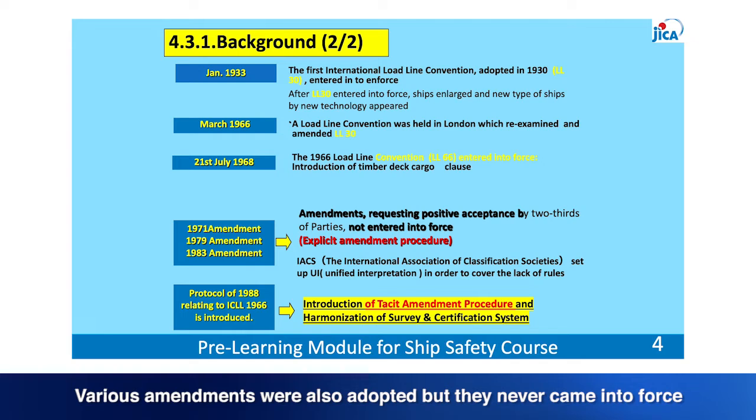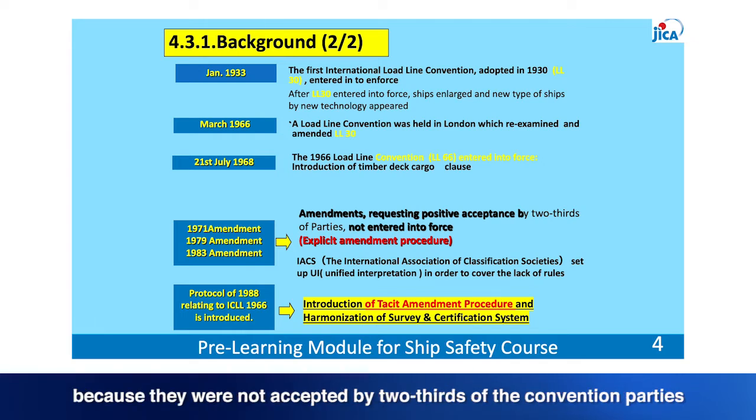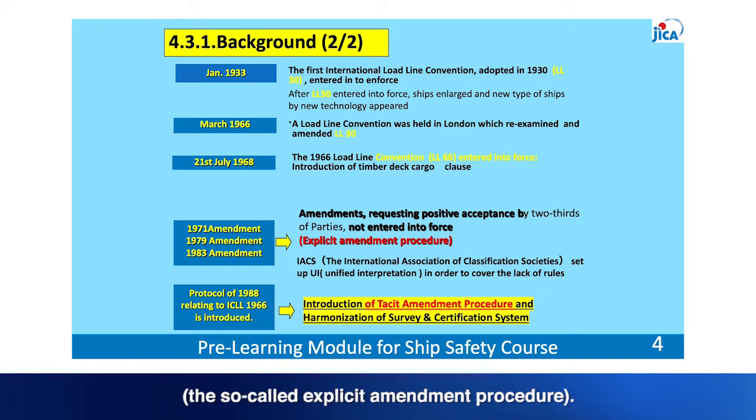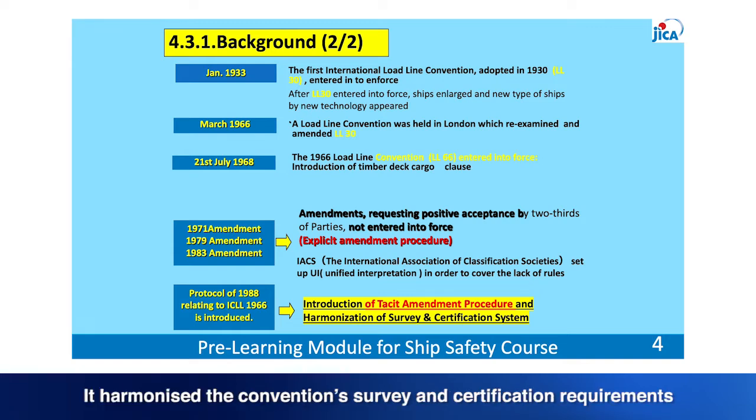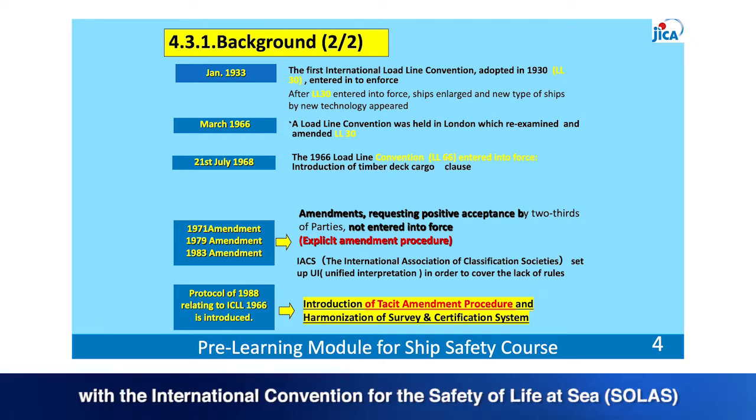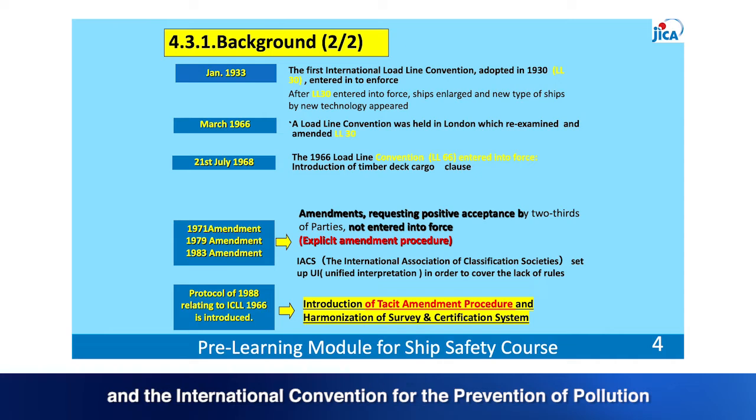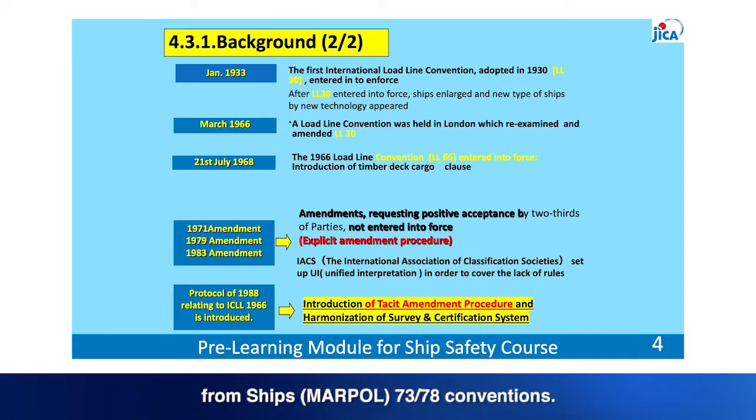Various amendments were also adopted, but they never came into force because they were not accepted by 2/3 of the Convention parties, the so-called explicit amendment procedure. The 1988 Protocol, adopted in November 1988, entered into force on 3 February 2000. It harmonised the Convention's survey and certification requirements with the International Convention for the Safety of Life at Sea, SOLAS, and the International Convention for the Prevention of Pollution from Ships, MARPOL 73-78 conventions.